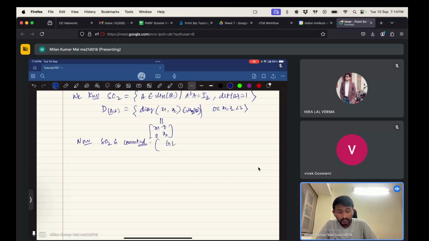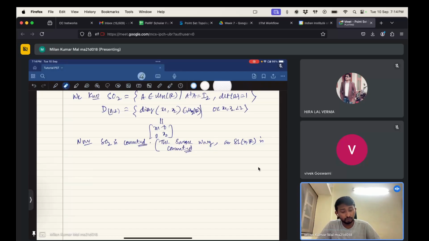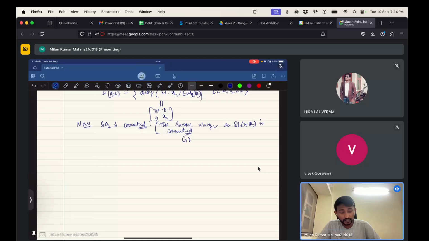If you recall that GLNR plus is path connected, so it is connected, and on the basis of this idea it is proved the same way as SLNR is connected. Basically, if you recall, the idea is that GLNR plus is path connected, that means connected, then we will give a surjective continuous map.